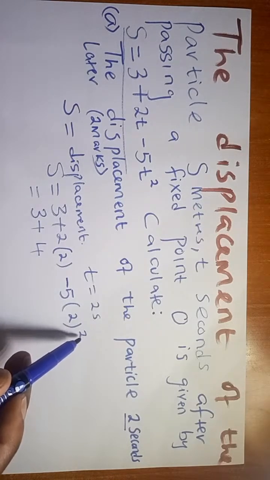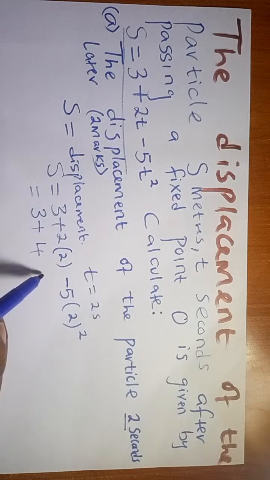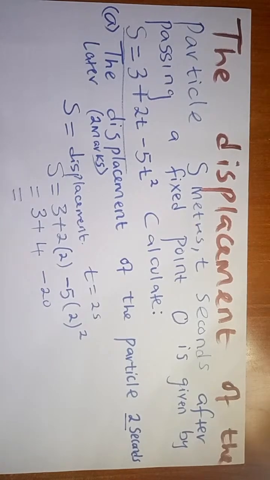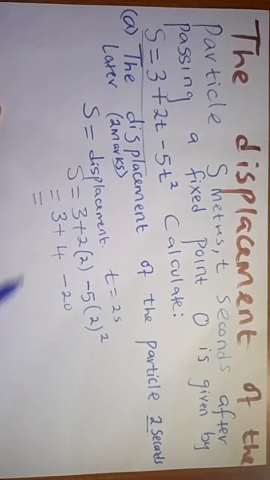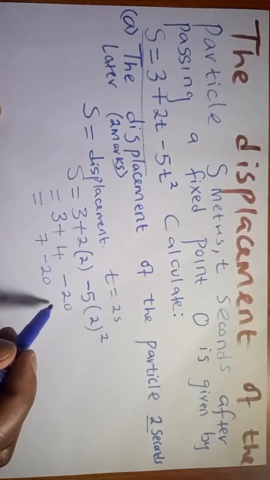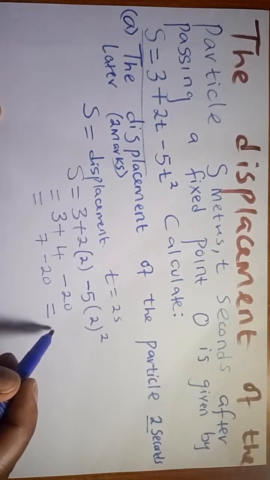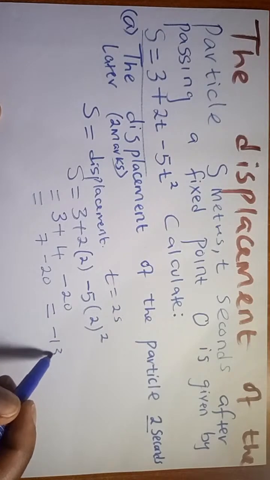So 4 by 5, we get minus 20. And then we have 3 plus 4, of course, that is 7 minus 20. So we get our answer as negative 13.